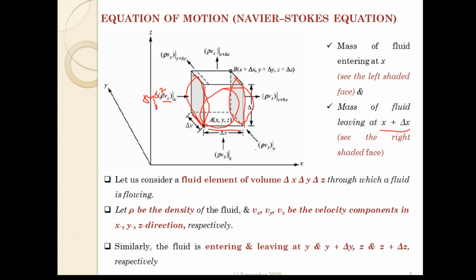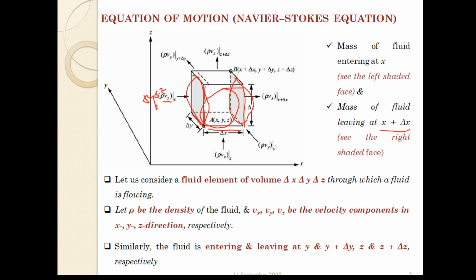It will be del x del z into rho vy. But the amount of mass has an x component of velocity, so to obtain the x component contribution of this mass, it must be multiplied with that velocity term.